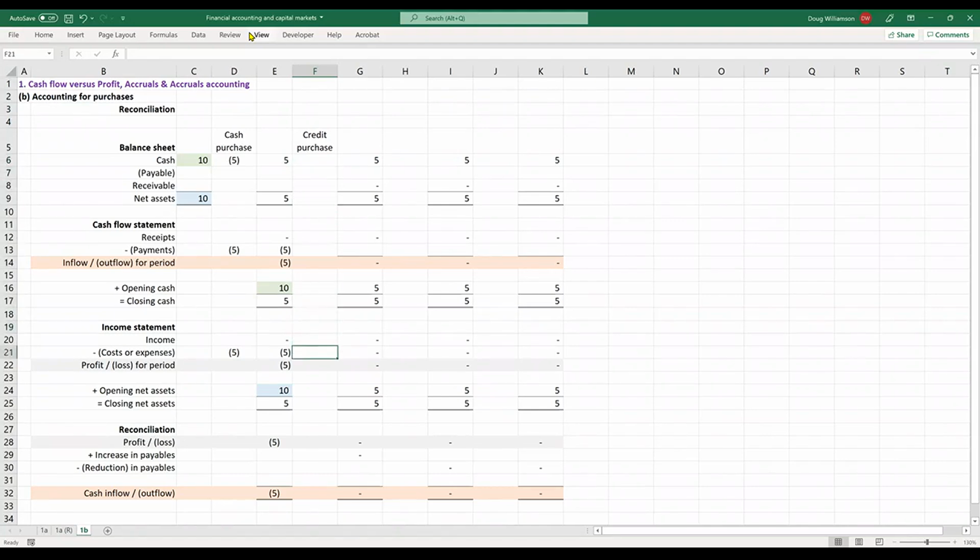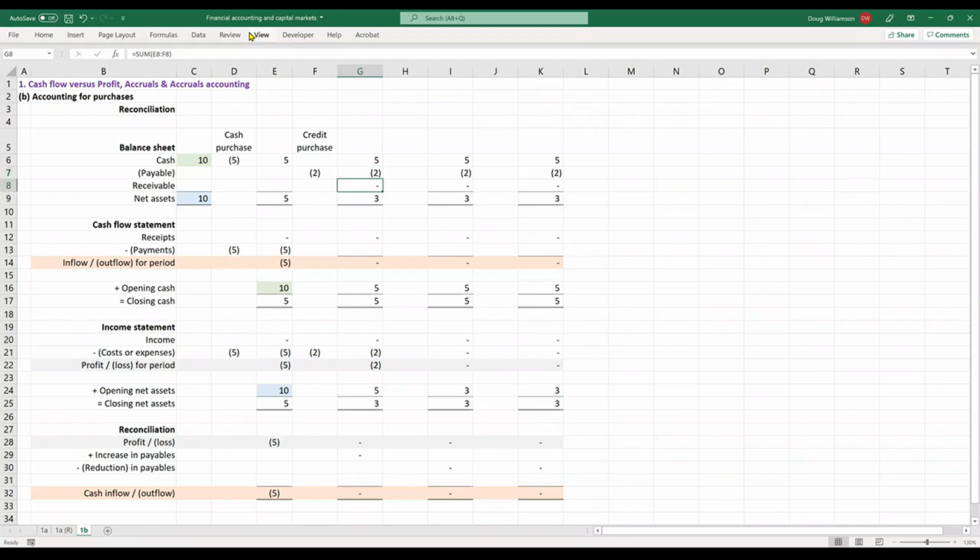We're getting the benefit of a service, but we don't have to pay for it until later. So we're going to have a loss of 2. We've got an expense, no payments or receipts, but an increase in our payable. So we've got a new liability for 2. We're going to have to pay in the future.